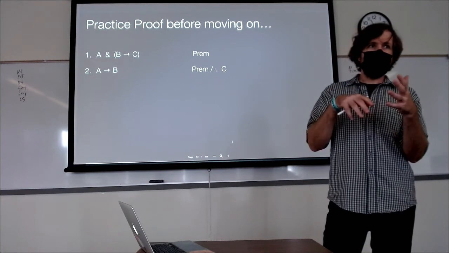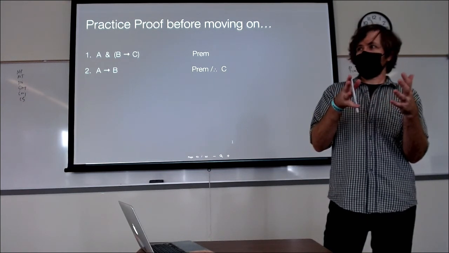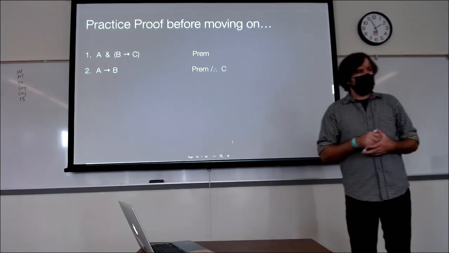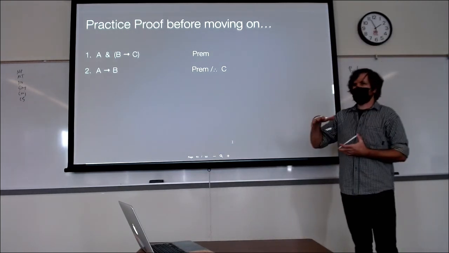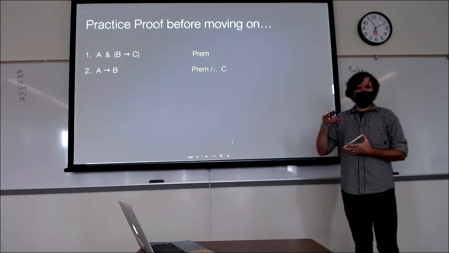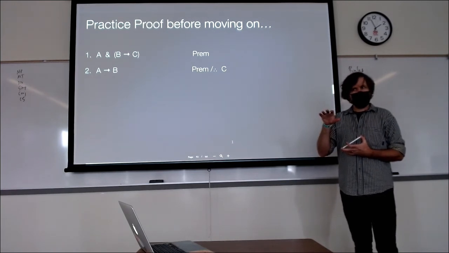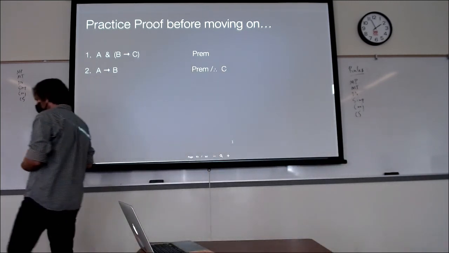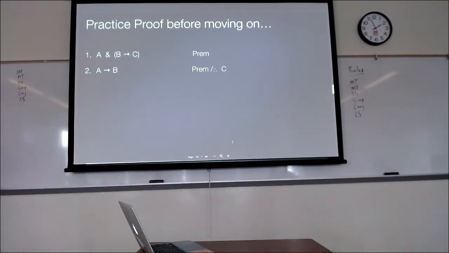And you might not use all the pieces, but you're probably going to use some of the pieces. Okay? So the first thing you do in a proof like this is see if you can take apart the premises and you can use them. It's sometimes easier to use them if you take them apart. So one of the premises here can be taken apart. You can extract the component statements. Okay, so that's the first clue.